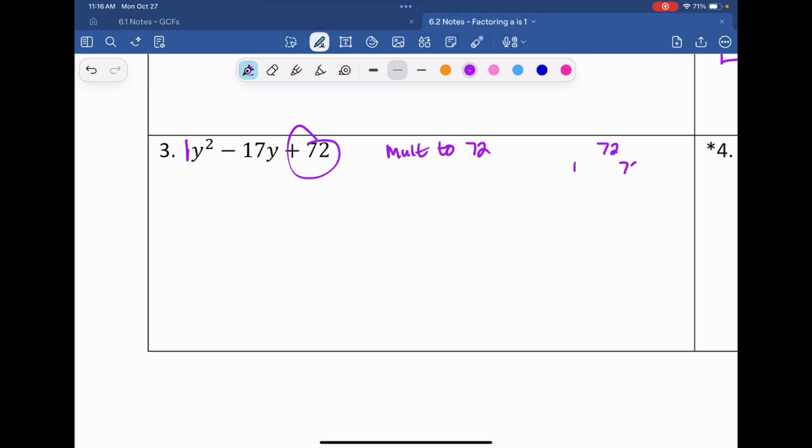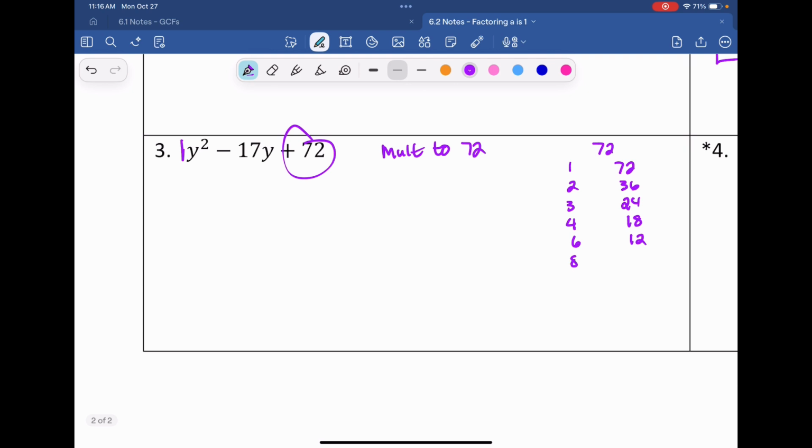So 1 and 72, 2 and 36, 3 and 24, 4 and 18, 6 and 12, 8 and 9.